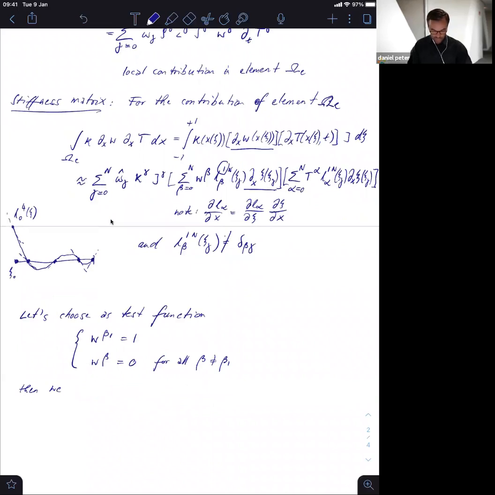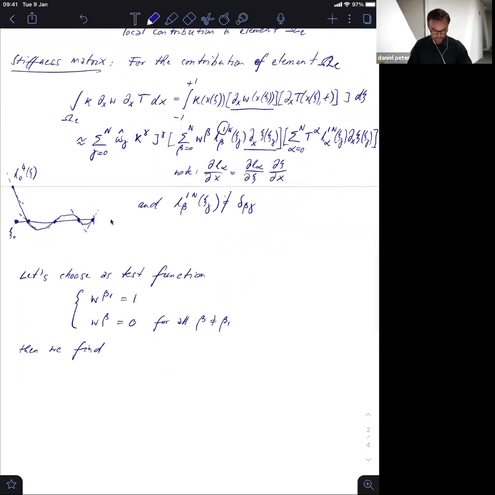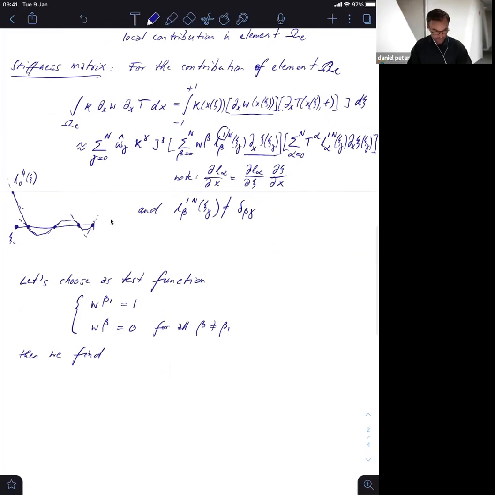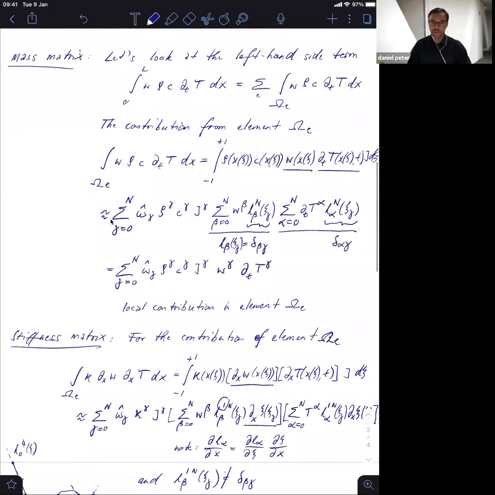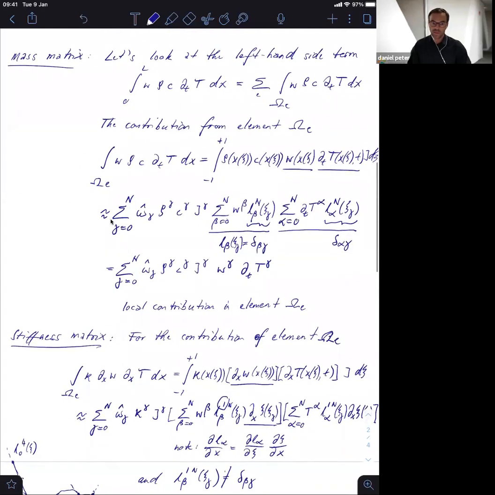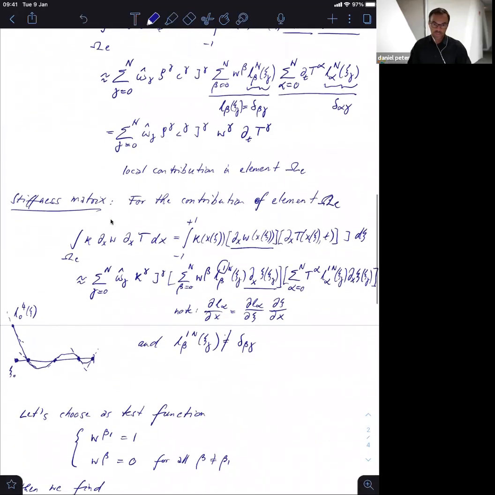So what do we find? We have the mass matrix. Look at the local contribution of the mass matrix. So gamma is only 1 for beta 1.